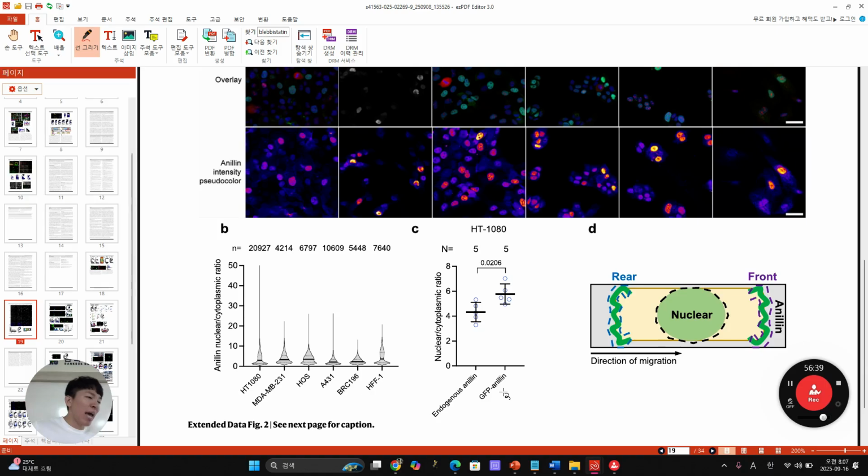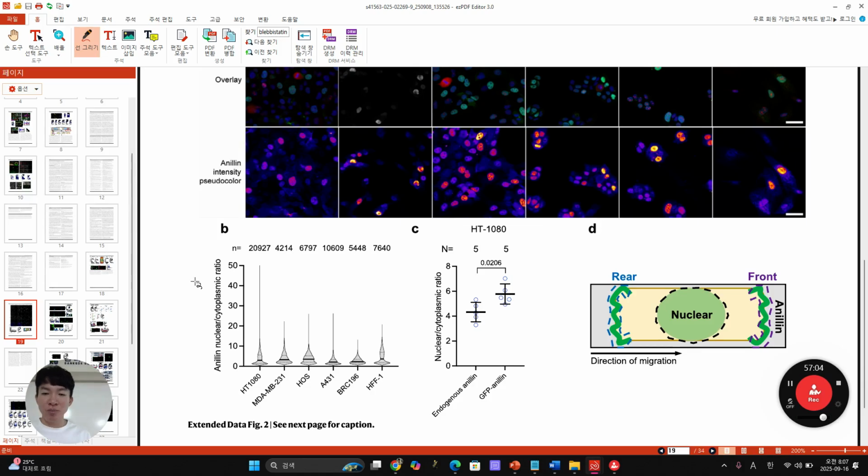You add overexpressed anillin; it can be the same or not, right? They can ask this question. That's why they also detect endogenous anillin to compare. When you add GFP-anillin, you can see more nuclear anillin, but for the other figures they said that endogenous anillin and GFP-anillin have a very similar tendency by staining.